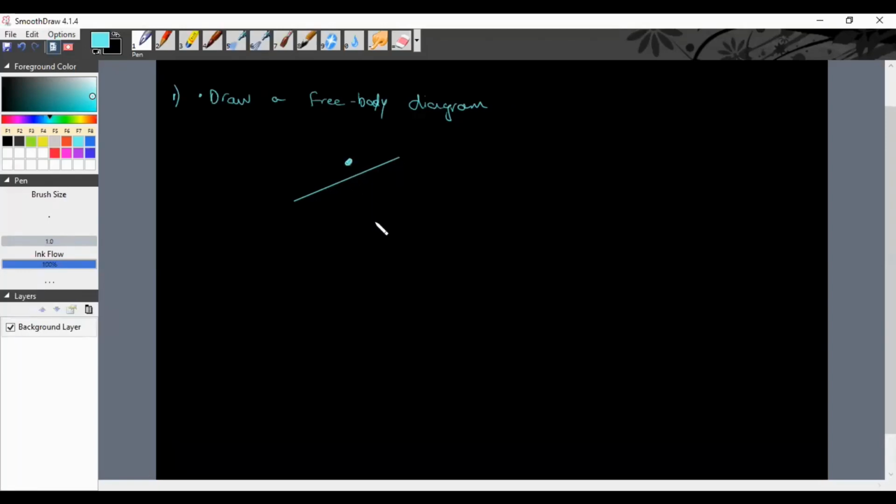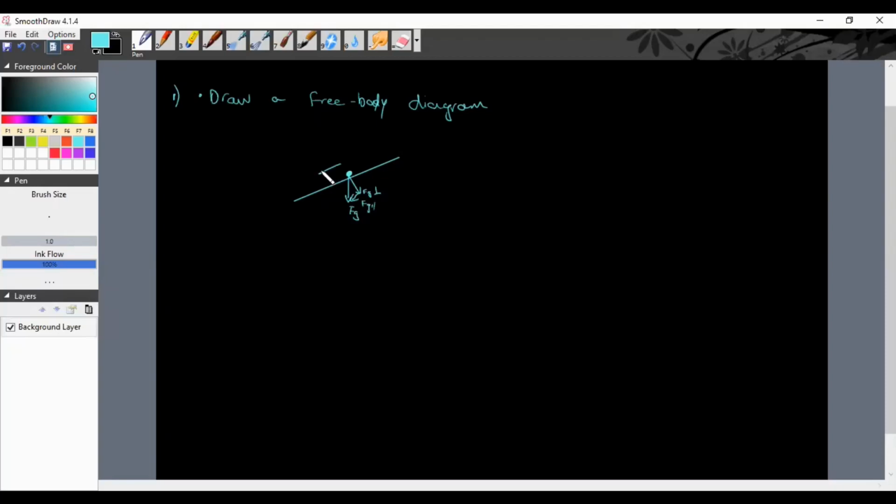We draw that a little closer to the free body diagram. Going straight down here is FG. Going this way is FG perpendicular, and going this way is FG parallel, so I'll draw that up here.